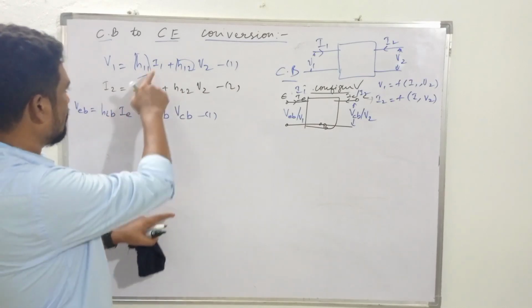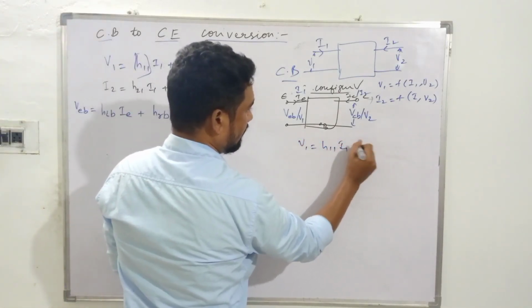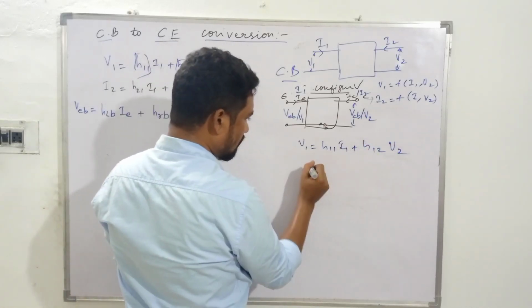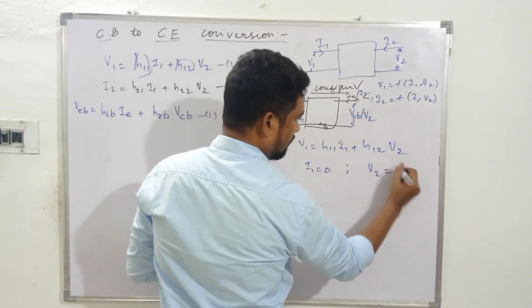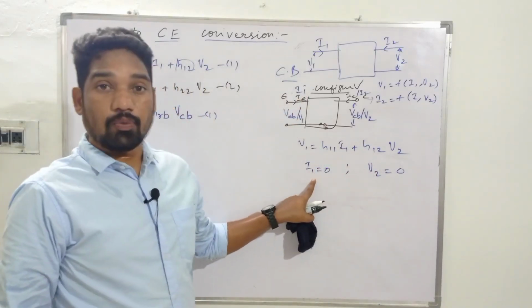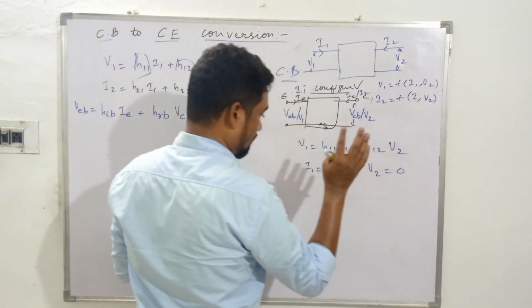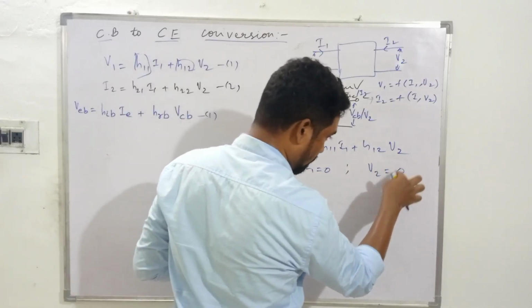Now how to obtain these hybrid parameters, parameter 1, 2, 3, 4? There's a condition. Talking about this one, V1 equals H11 I1 plus H12 V2. Once we go for I1 equal to 0, and the second time we go for V2 equal to 0, in the sense input open making I1 0, and output open making V2 equal to 0.